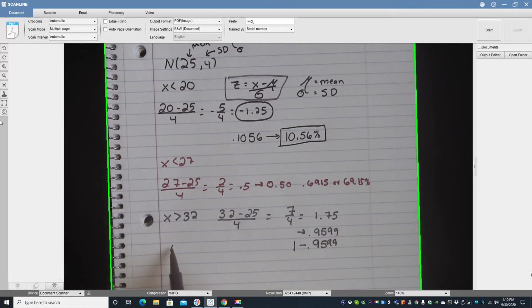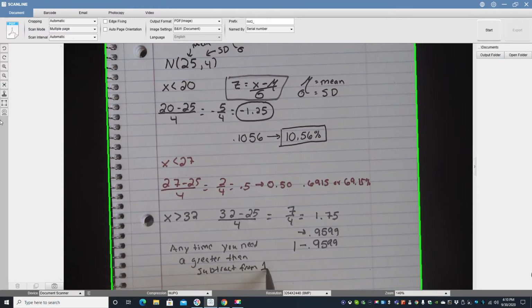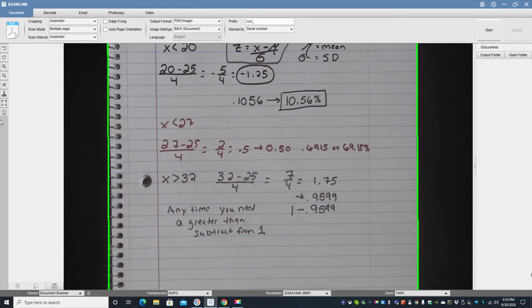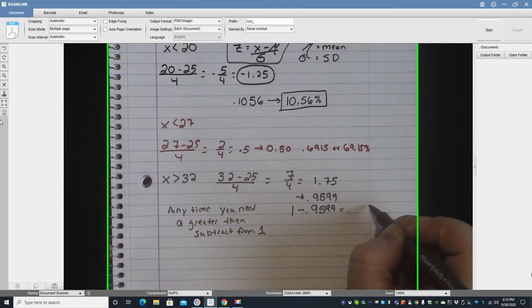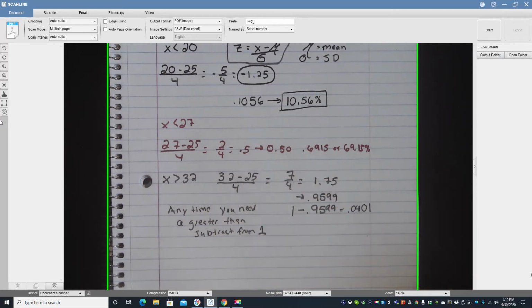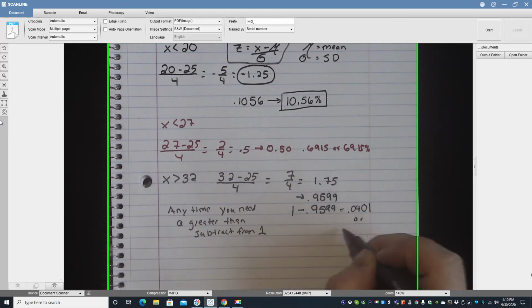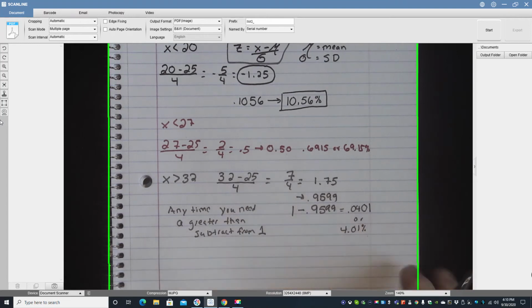So anytime you need a greater than, subtract from 1. And so what I get is 0.0401 or 4.01%.